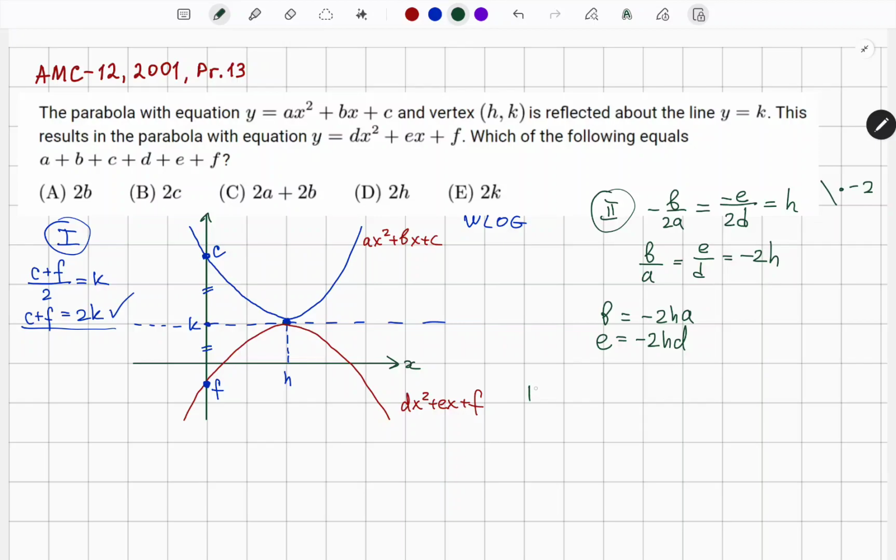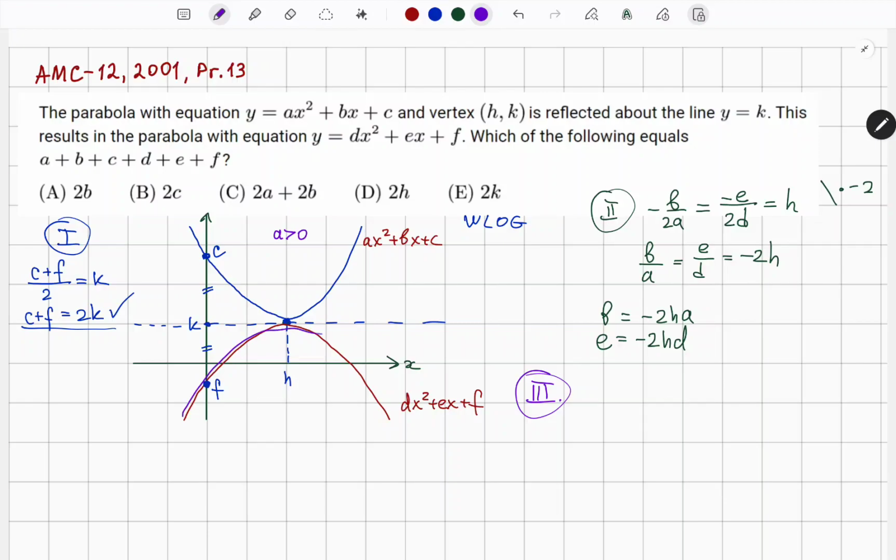The fact number 3, so let's use violet color number 3. Let's see, what can I see? For my first parabola, a is a positive number because the parabola opens up.